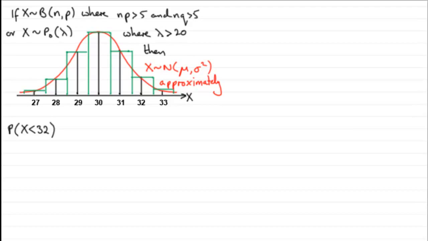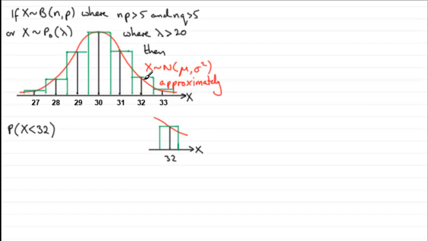Let's just draw a little diagram here. We're looking at this section here where this represents the 32 and we've got the graph coming down through the 32, something like this. Now if we've got to work out the probability of x being less than 32 as an approximation to this normal distribution, then that is represented by the area to the left of 32.